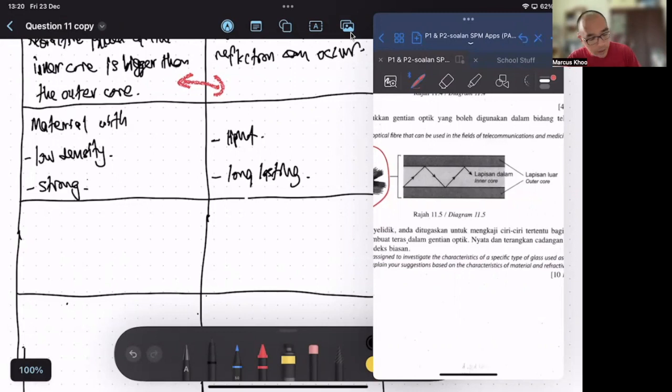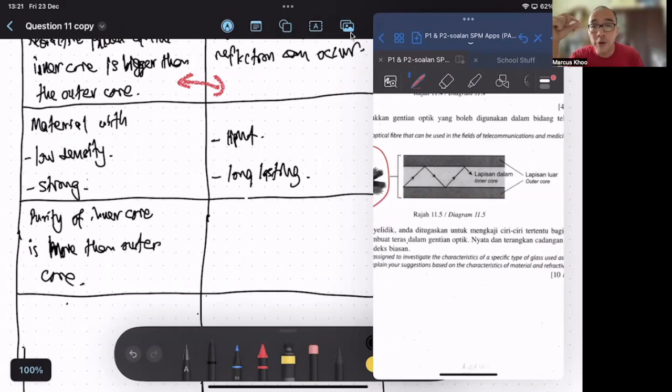Another one is the purity, and this is very specific. The purity of the inner core material is more than the outer core. The inner core material, whatever you use, usually glass, must be much more pure.